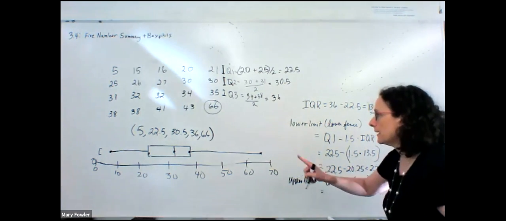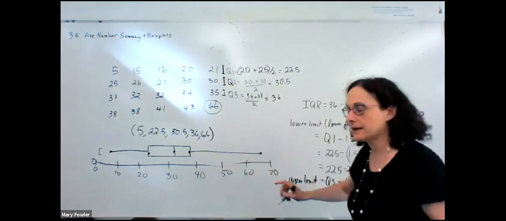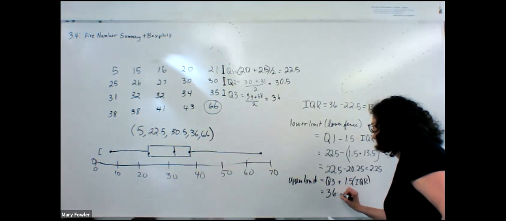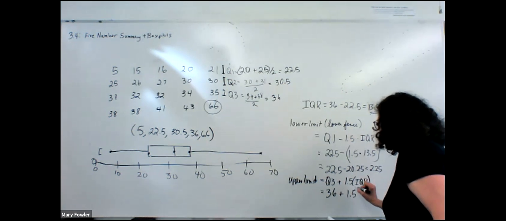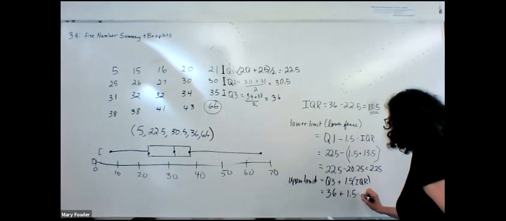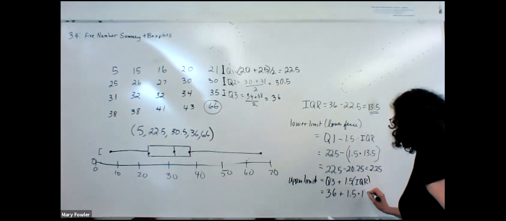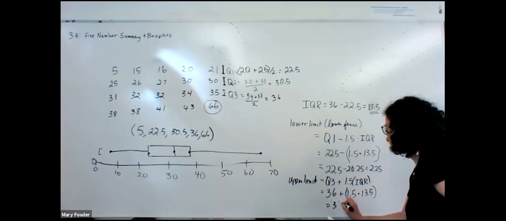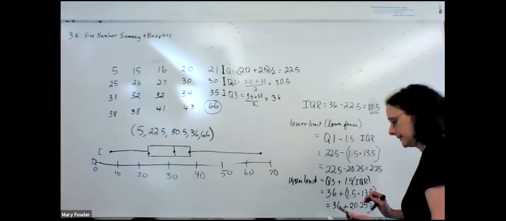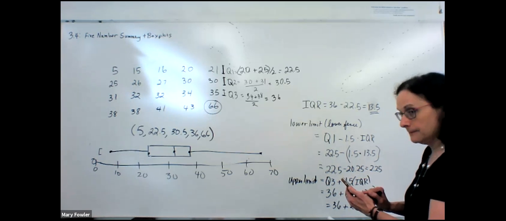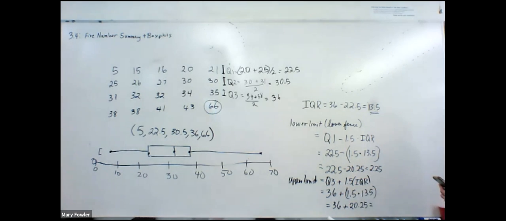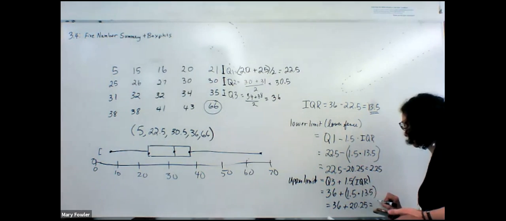And Q3 is 36, and we're going to take 1.5 times 13.5, and that's 36 plus 20.25. Let's go ahead and add that up. So I get 56.25.